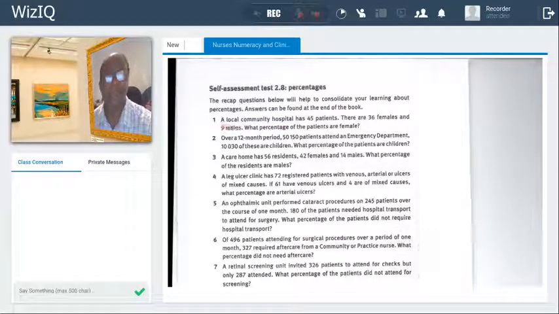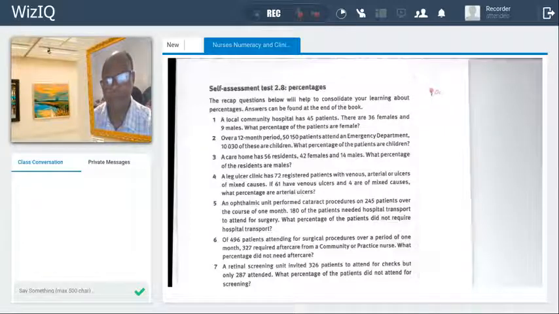Number 1 says a local community hospital has 45 patients. There are 36 females and 9 males. What percentage of patients are females? We need to make sure it's correct.